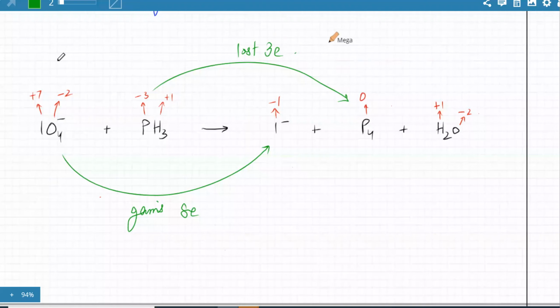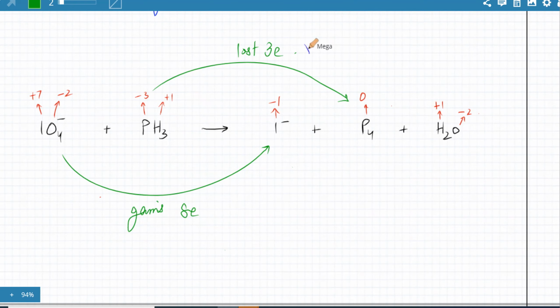And so if it's losing 3 electrons, what would I multiply? What would be the quantity of each of the elements? What would I multiply this with, and what would I multiply this with? How can I make the number of electrons lost and gained equal? Anyone? 3 and 8, and 8 and 3. Okay, so you can make them 24.